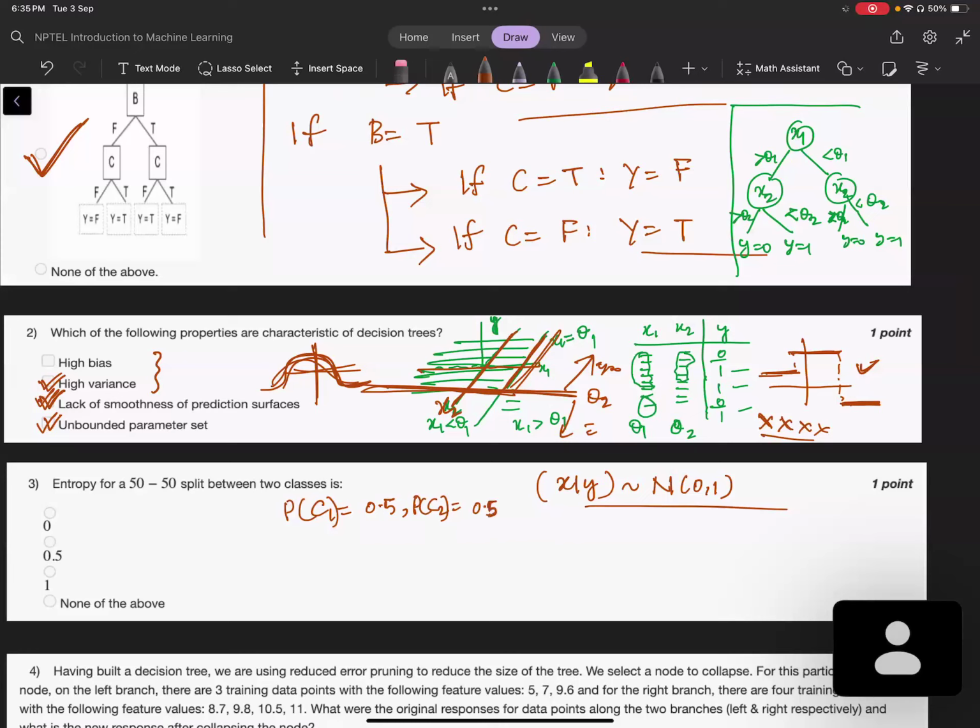Entropy equals minus sigma from 1 to n of p_i times log base 2 of p_i, right?